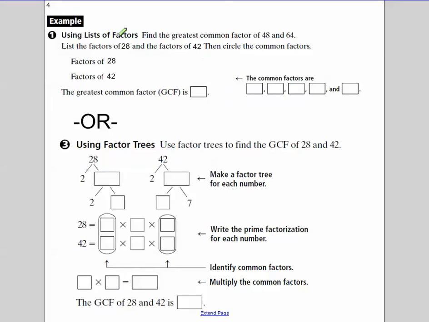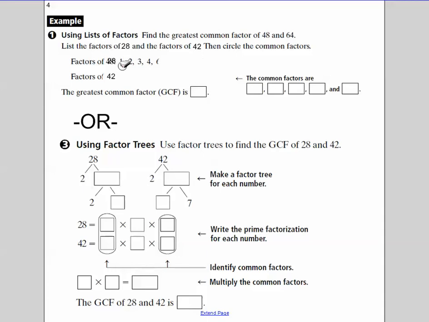I have two ways that I can find the greatest common factor. One way is to make a list. So if I want to know the greatest common factor between 28 and 42, I can simply make a list of my factors of 28.